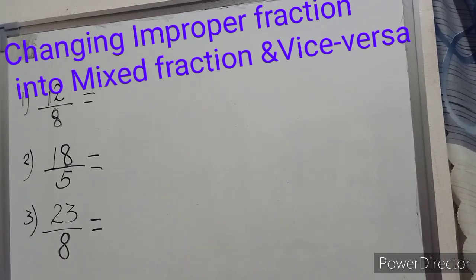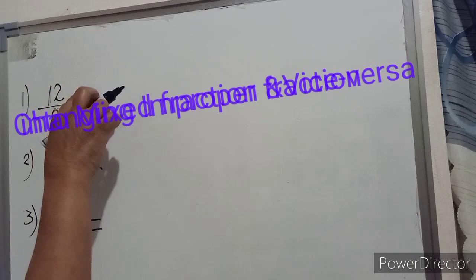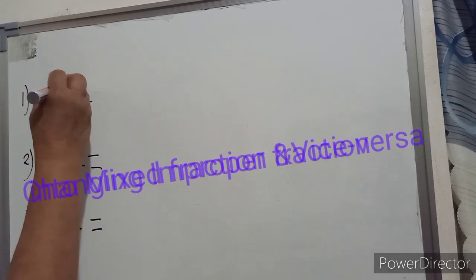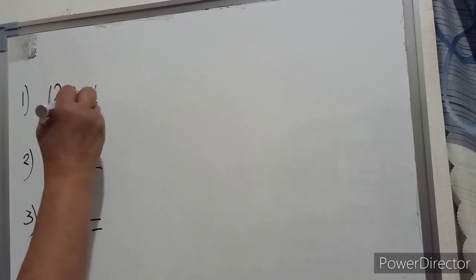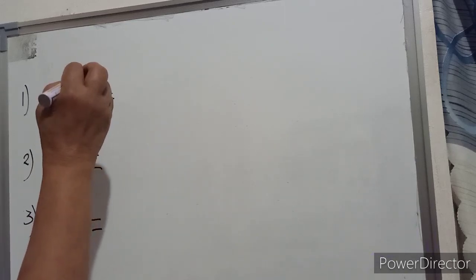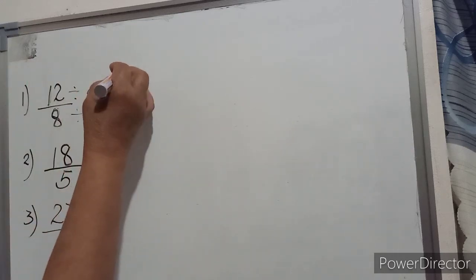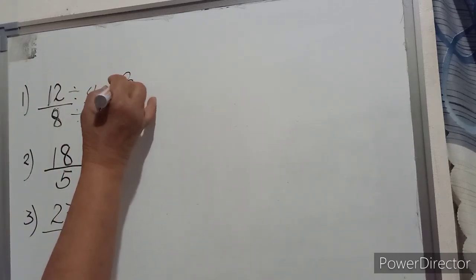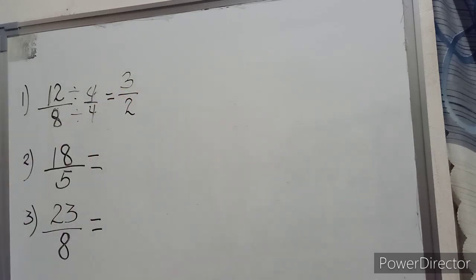You should know that 12 and 8 are numbers which have a common factor of 4. So we divide 12 and 8 by 4, giving us an answer of 12 divided by 4 is equal to 3, and 8 divided by 4 is equal to 2.